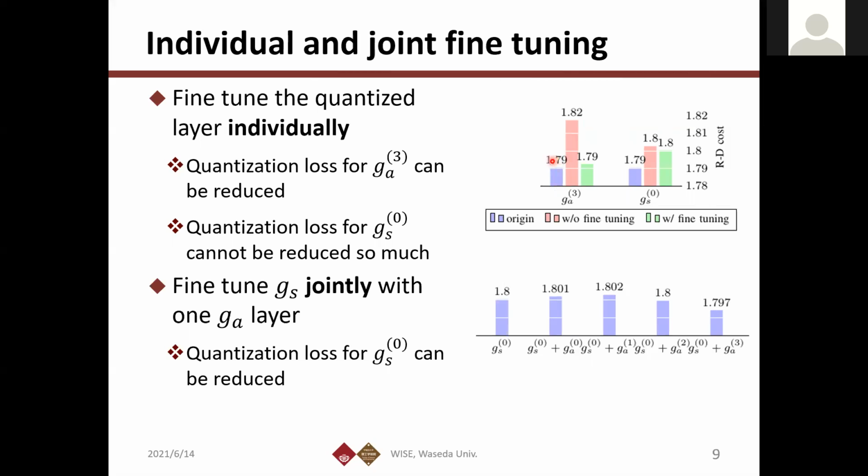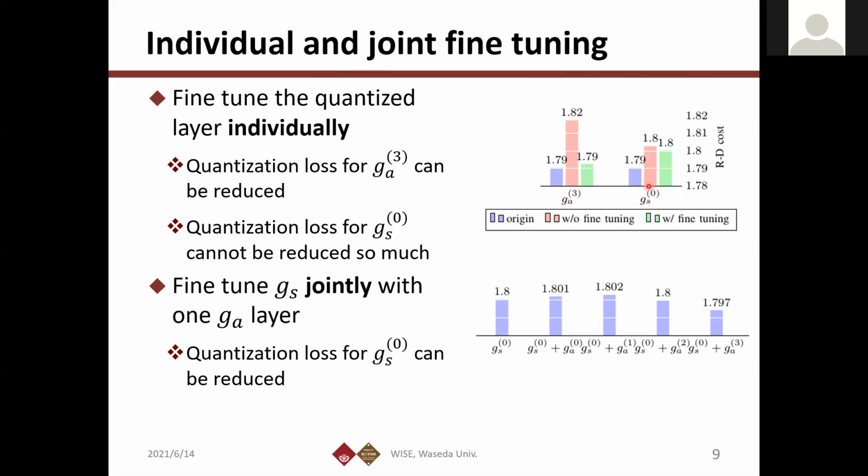After quantization, we have this RD cost, and you can see obviously that this red bar is larger than the origin. So we first individually fine-tune this layer, and after this fine-tuning, you can see that the RD cost becomes much smaller, which means that the fine-tuning works for this GA3.